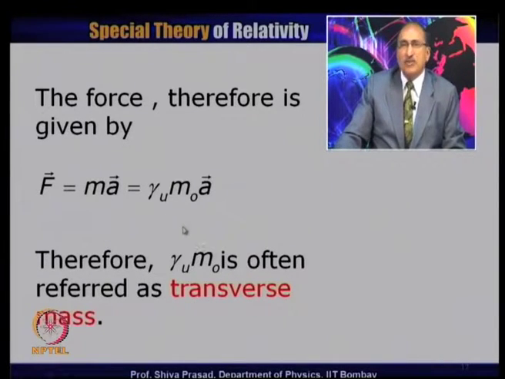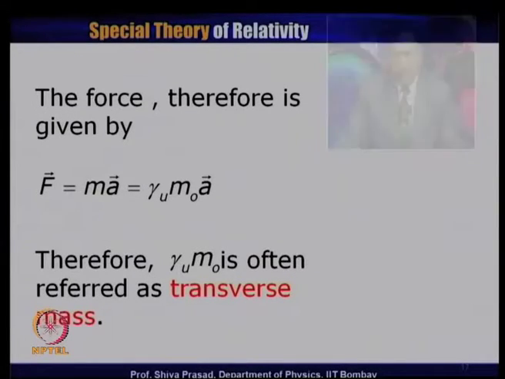This gamma u m naught is called transverse mass, because we can write force equal to mass into acceleration with this mass only when the force is applied perpendicular to the direction of the velocity of the particle. Therefore, many times it is termed a transverse mass.